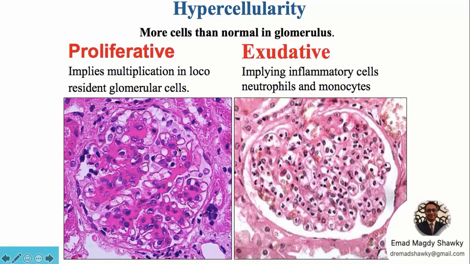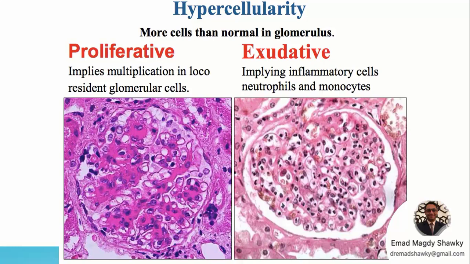If there is proliferation of the mesangial matrix and the mesangial cells but no inflammatory cells, it is called proliferative lesion. But if there are multiple inflammatory cells inside the capillary, this is called exudative lesion.